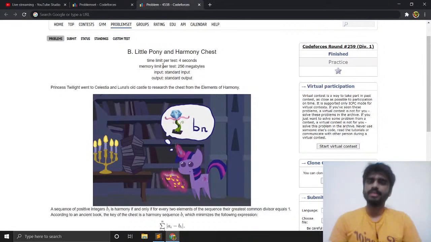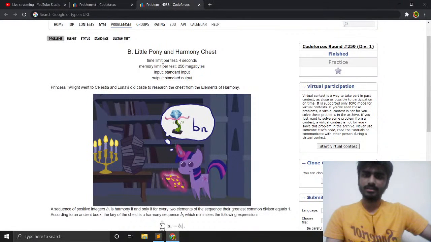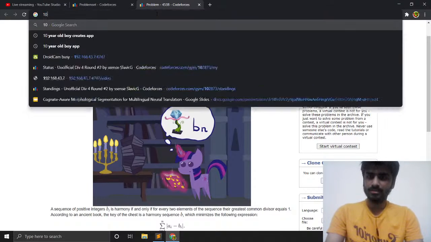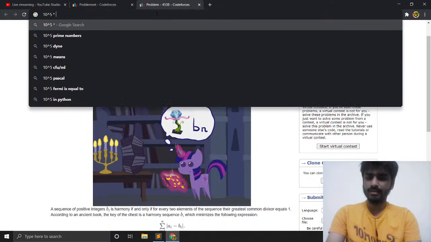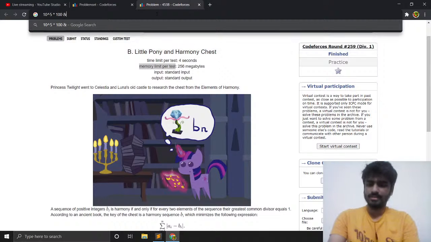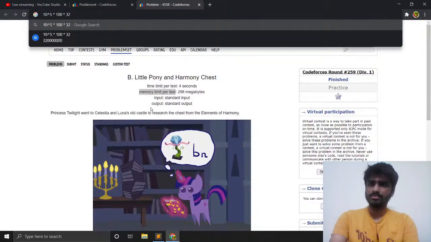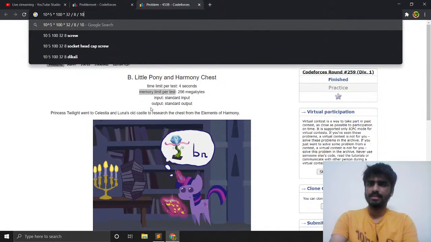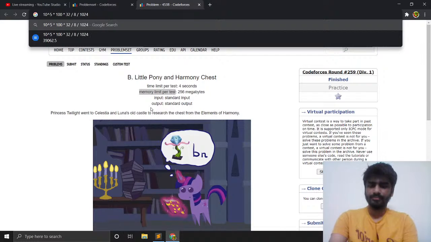I can't do it recursively. I think if I try to do it recursively, it will give me a memory limit exceeded, because 10 to power 5 into 100 into 32 by 8 by 1024 by 1024.